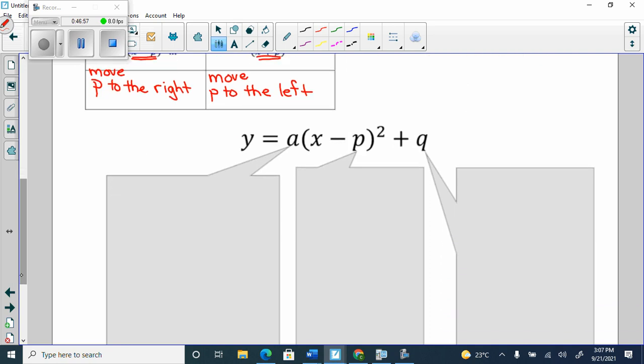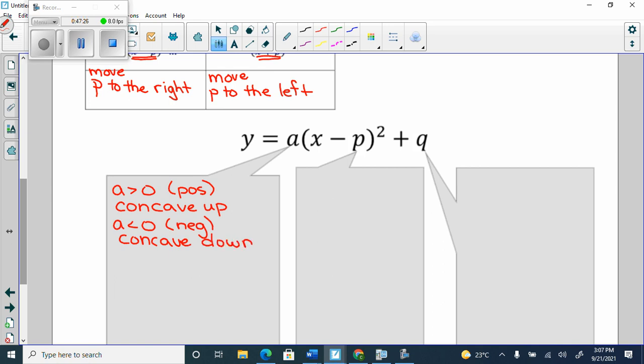We have a little summary. What does the a do? If a is greater than 0, what happens? It's concave up. Greater than 0 means positive. If a is less than 0, it's negative, and it's concave down.